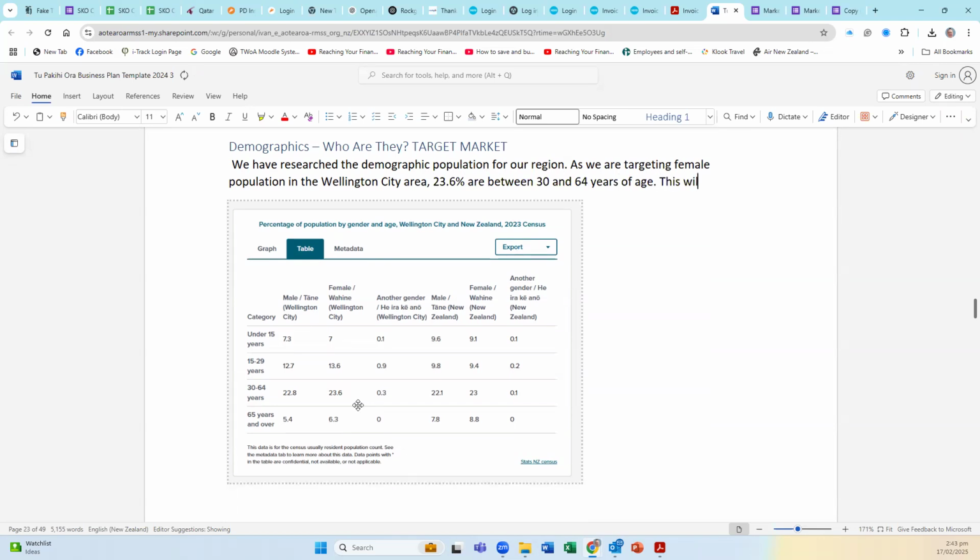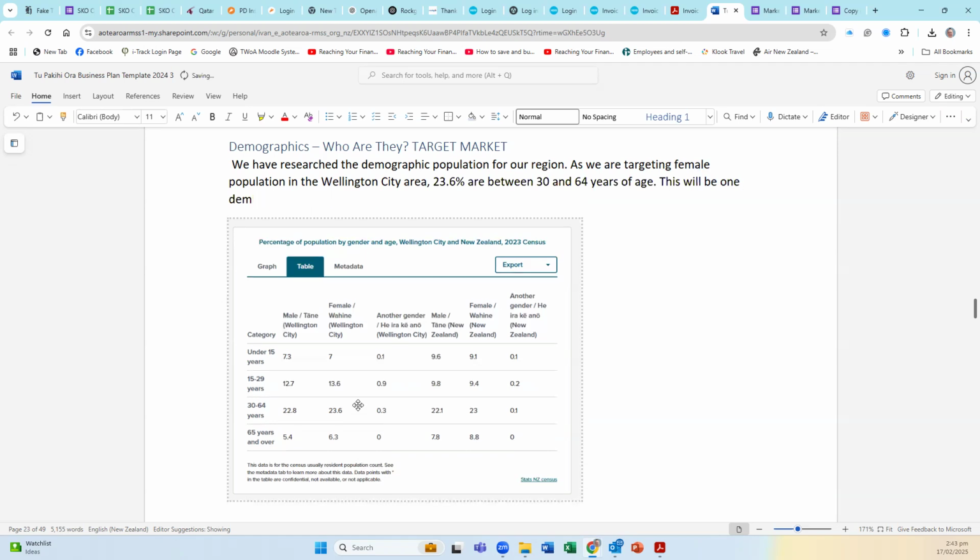This will be one demographic group we will target. Okay. So it gives you a bit of percentage. Now, while it's good for percentage, it would be good to actually have raw data. Like how many does that mean in total?